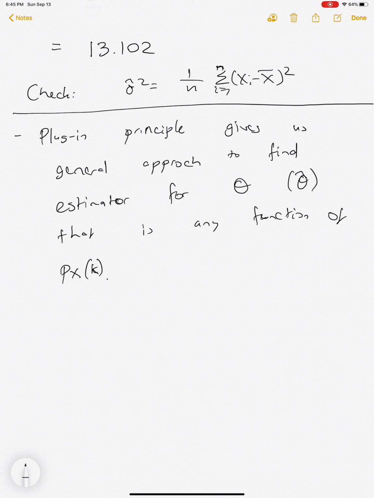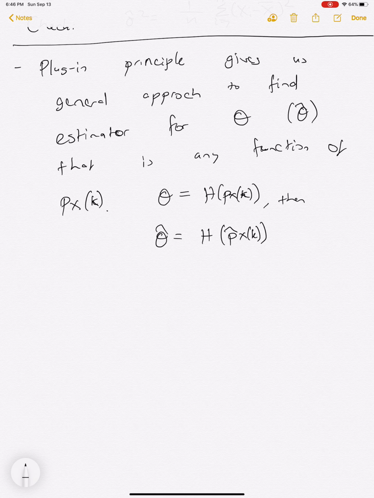The general idea is that if theta equals h of p_X(k), then for theta hat, you just plug in p hat X of k wherever you saw p_X(k).